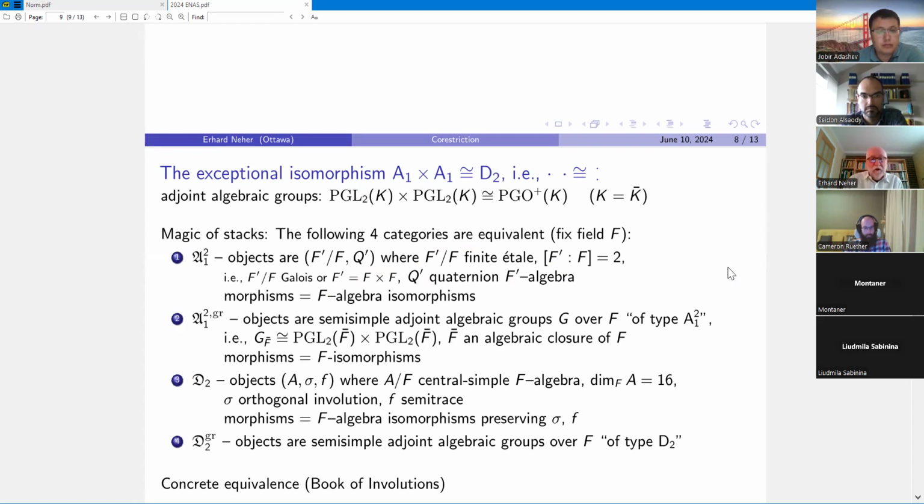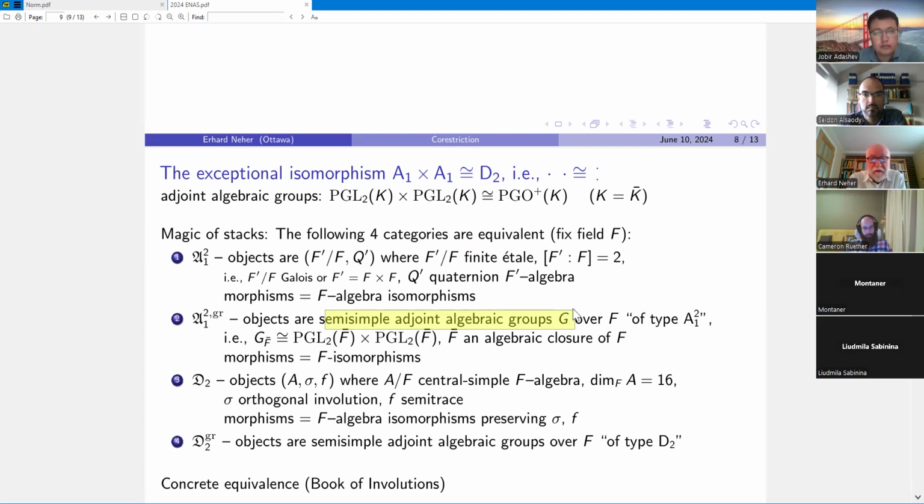The group version of these categories are semi-simple adjoint algebraic groups G over F, which are of type A1 upper 2. That means that if I take my algebraic group over F and take the base change to F bar, what I get is a direct product of PGL2 of F bar times PGL2 of F bar.